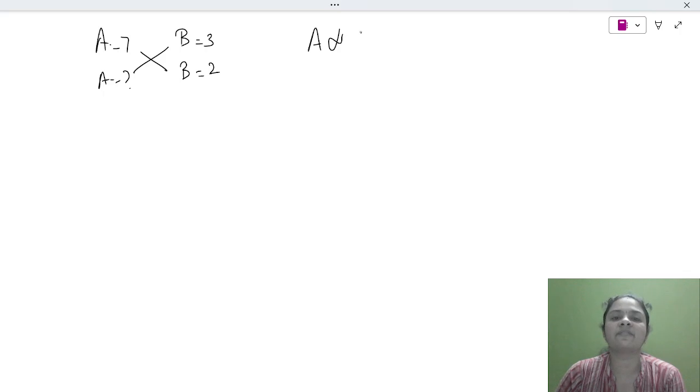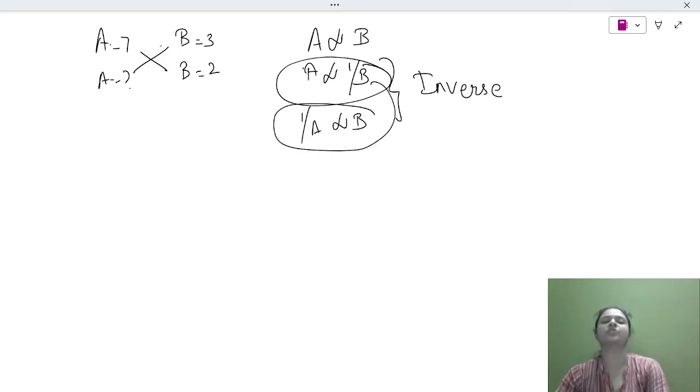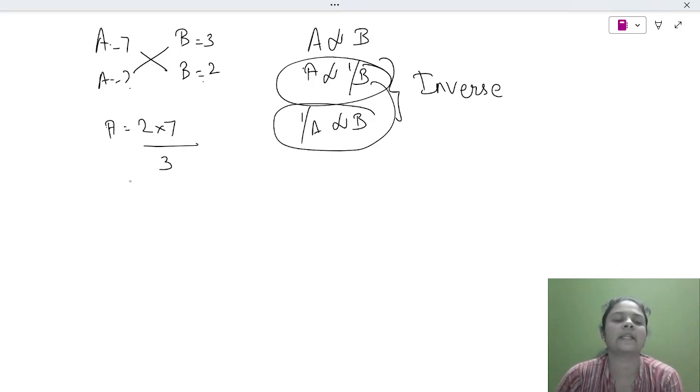Remember, if they give 1 by A is directly variant to B, then it is inverse proportion, and you should do straight multiplication. So here we are going to do direct cross multiplication because it is a direct variation. So value of A, the missing figure, is going to be 2 into 7 divided by 3.